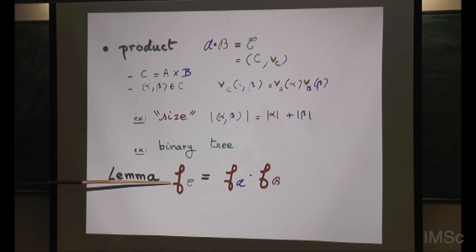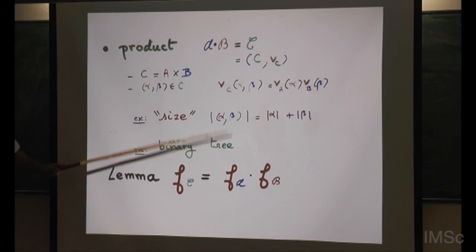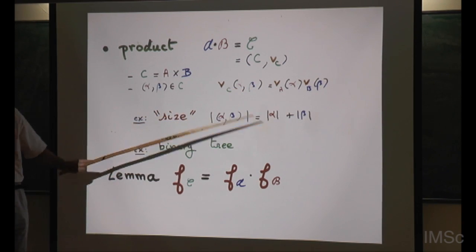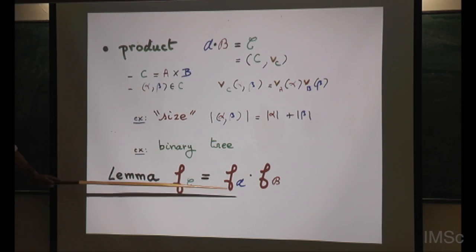And of course, this is made so that the generating function of the product is the product of the generating functions. Because of this definition, you easily get this lemma that the product of objects reflects the product of the generating functions.